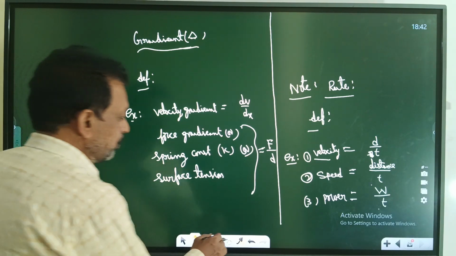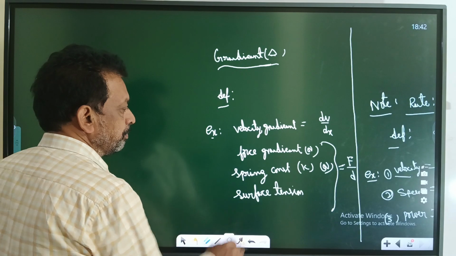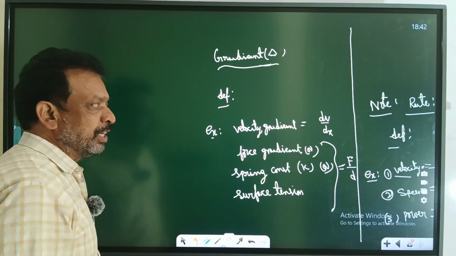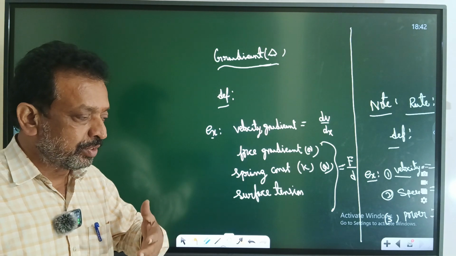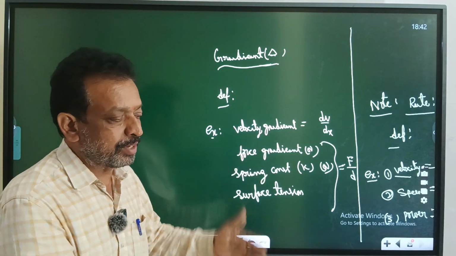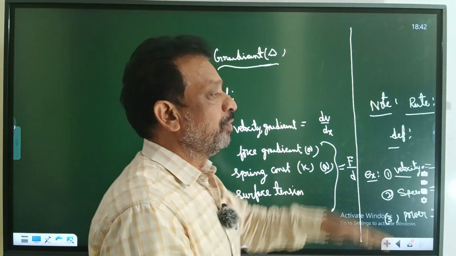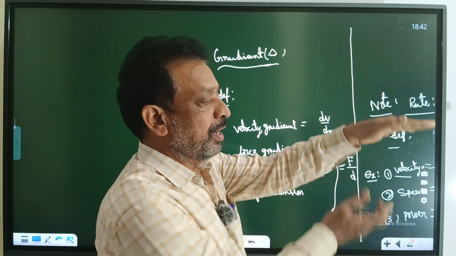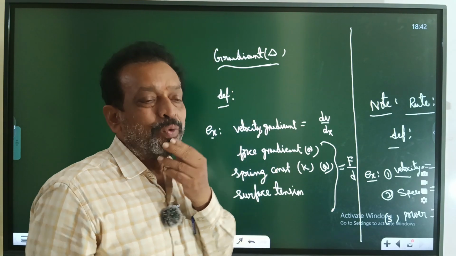Like this, you may have many examples. We call it gradient when anything is going to change. Daily we are seeing it. We are moving with some speed, so velocity is changing. Otherwise, climbing the steps: velocity increases and automatically height goes on increasing. That is a gradient. We see it daily but we don't know.